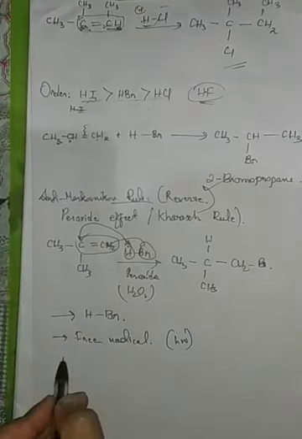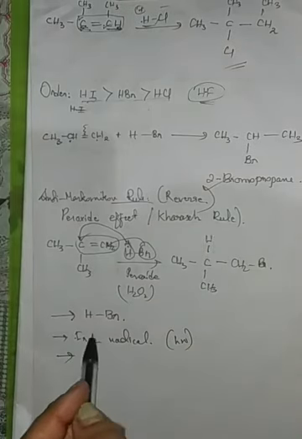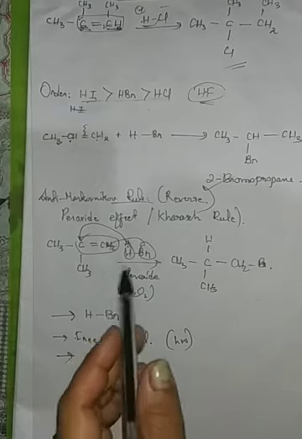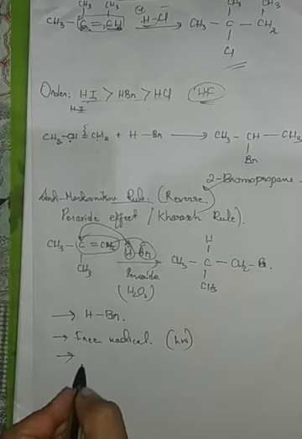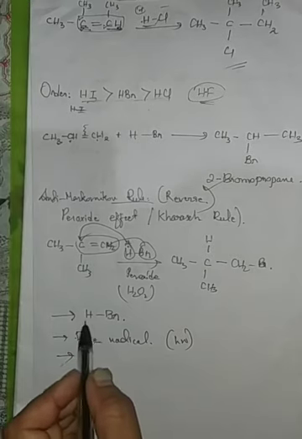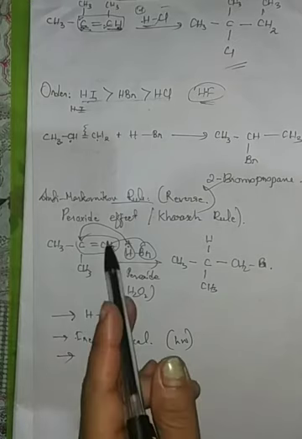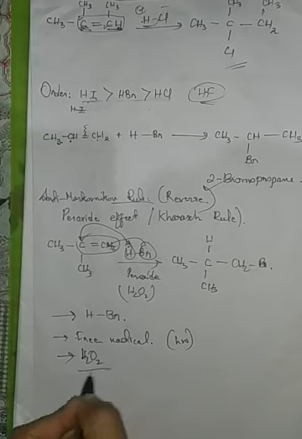In Markovnikov's rule, a carbocation was formed, however in anti-Markovnikov's rule, by the free radical mechanism, free radicals would be formed. The condition is that only the hydrogen halide HBr would undergo the anti-Markovnikov's rule, and hydrogen peroxide is used as the reagent.